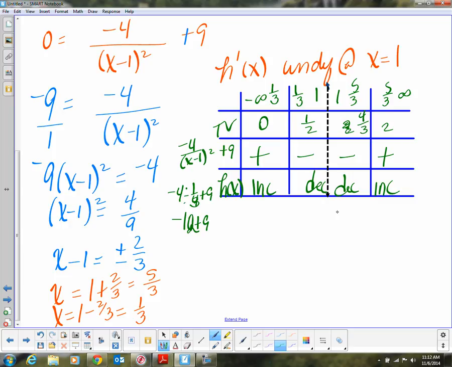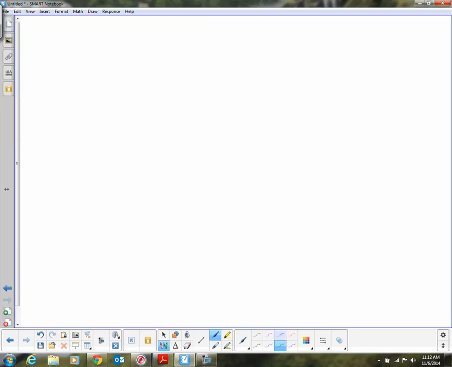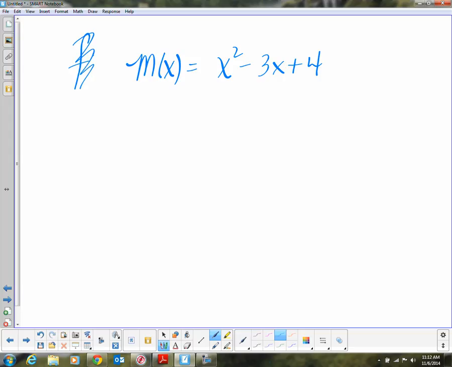We need to do a mean value theorem. Now, I'm writing this problem off the top of my head, so I just want you to be aware that this might be a really ugly problem. What if I told you, I don't want f. What if I told you m of x is x squared minus 3x plus 4? And I want the interval. Oh, this is the problem.